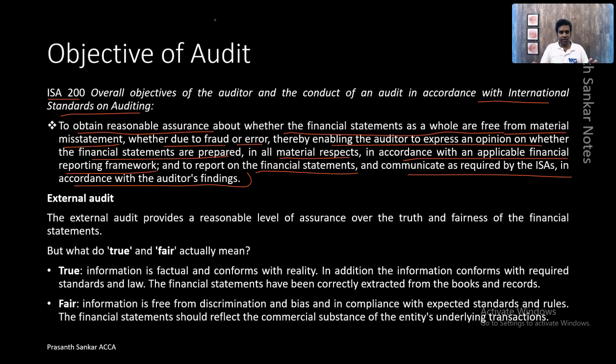So in a nutshell, the objective of the auditor is to review the financial statements and check whether they are free from material misstatement or not. Material misstatement could be due to fraud or error. He will gather the evidence to obtain his conclusion, which is his opinion. If the entire financial statement is free from material misstatements, he will give a true and fair opinion to the user.